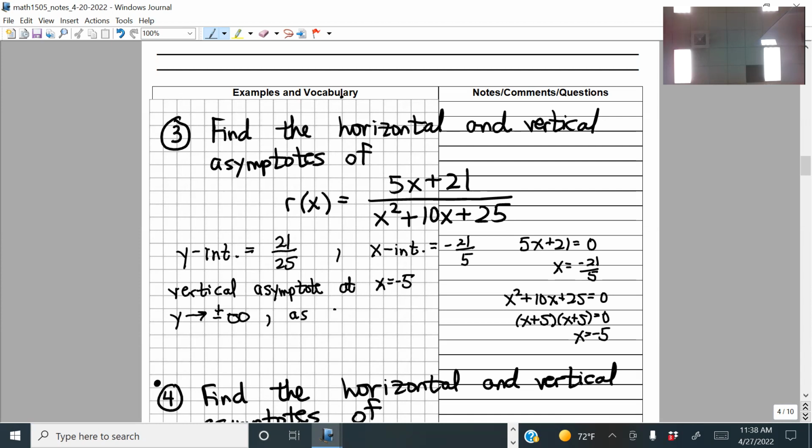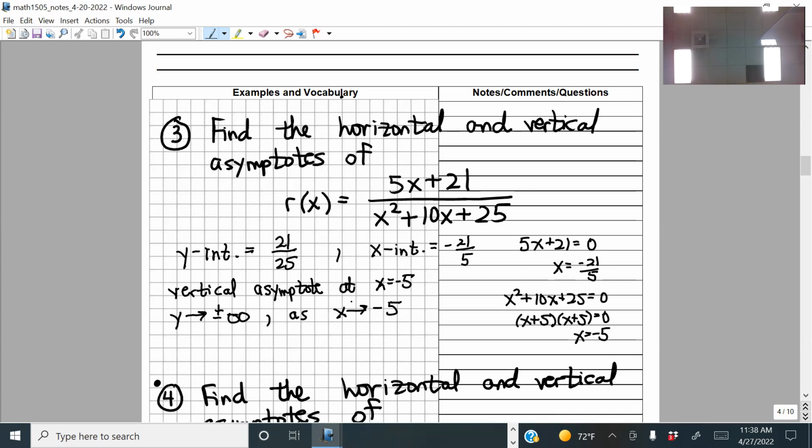As x approaches -5. Okay. So y is either shooting up to positive infinity or it's falling off to negative infinity. We'll have to look at the graph to see as x approaches -5. That's the vertical asymptote. Now, what about horizontal asymptote?